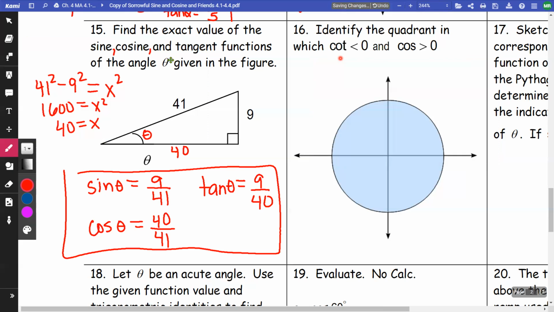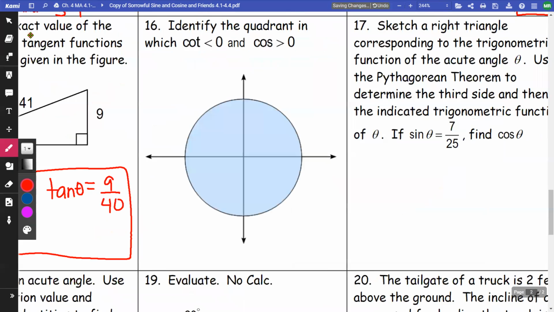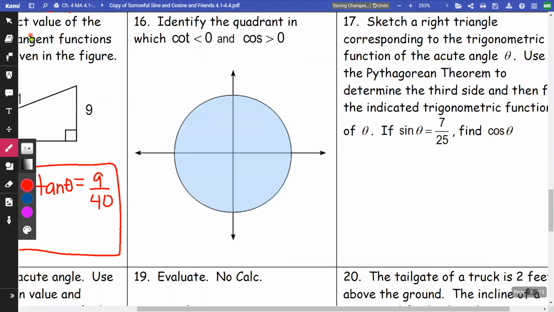On 16, we want to identify which quadrant we should be in. So if I want my cotangent to be negative, my cotangent is negative in this quadrant.